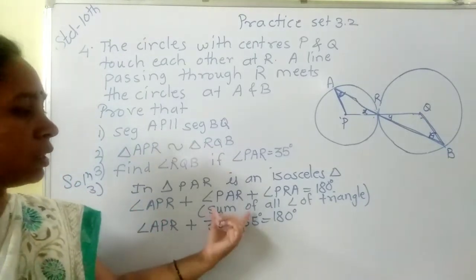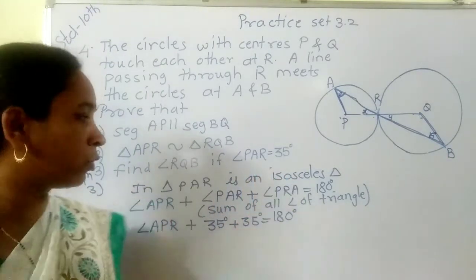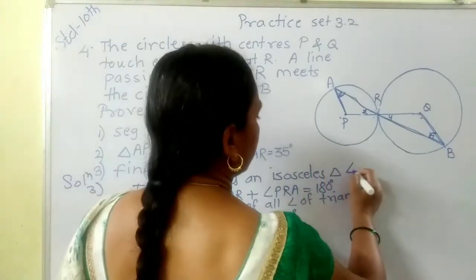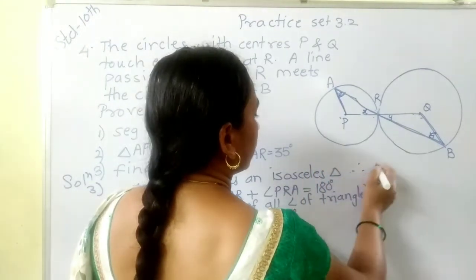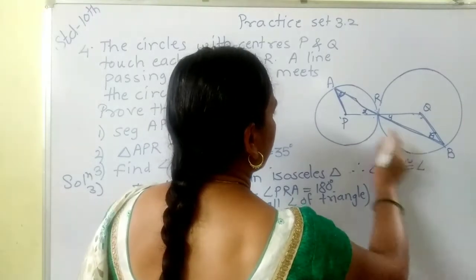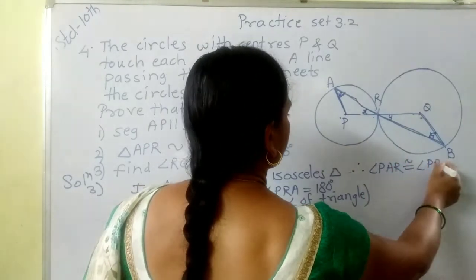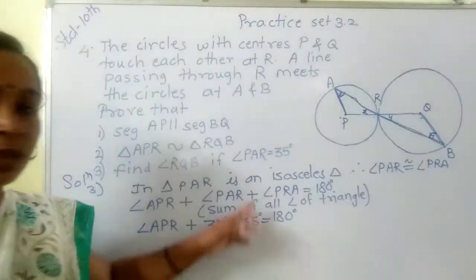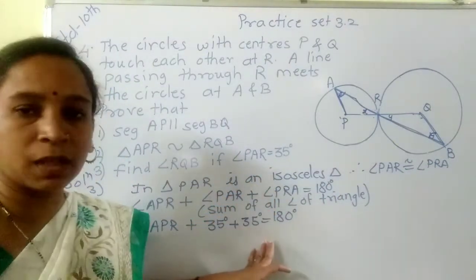Because this is the isosceles triangle, as I just told you. Therefore, angle PAR is congruent with angle PRA. So if it is an isosceles triangle, their measurements are the same.